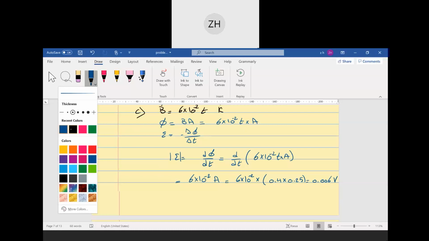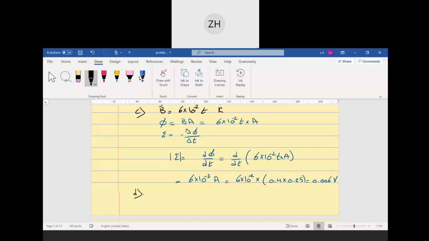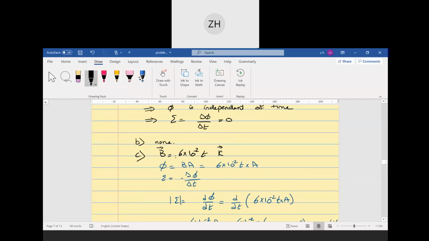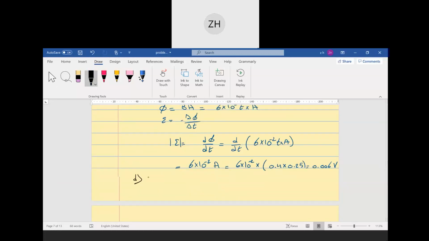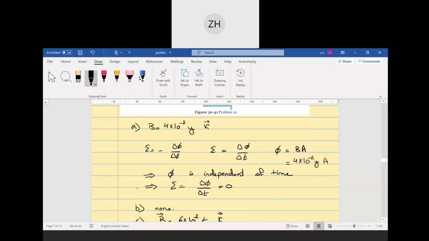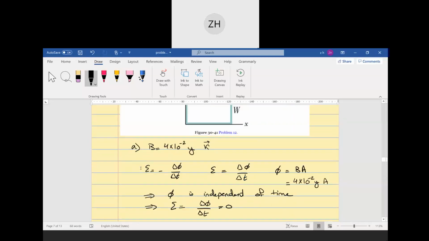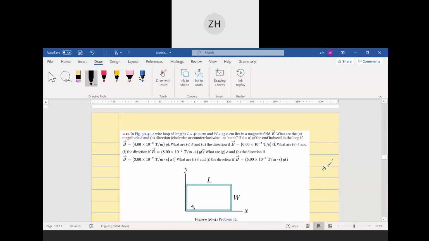We were also asked for the direction of this induced electromotive force, and like we said, we look at the change in the magnetic field. The magnetic field here is increasing, so phi is increasing, so I induced will be such that B induced is opposite to B. B here is along positive k, which is out of the page. So B induced will be into the page.